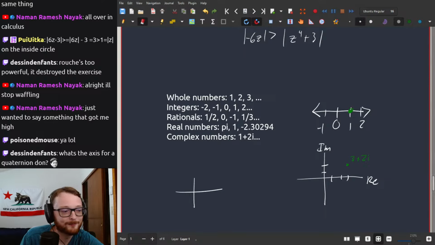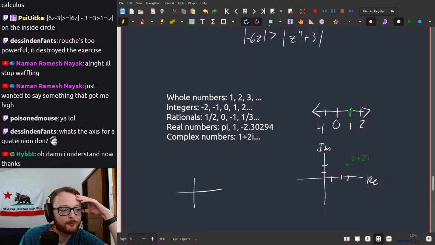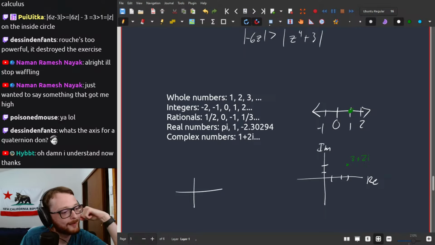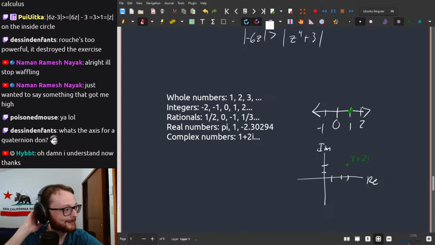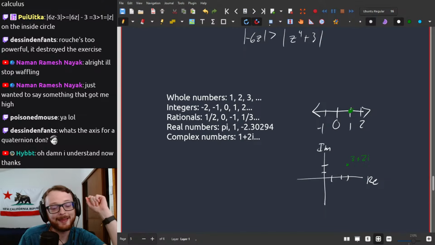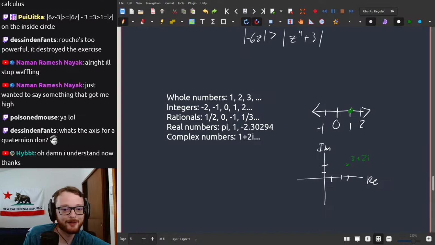But that's basically why, because complex numbers have the two parts. You want to say no? Oh, great. I'm glad. I wasn't sure if I was talking in circles or not. But yeah, they happen to look a lot like x and y coordinates, but it's a different idea. It's way more like a number line than it is like x and y axes.